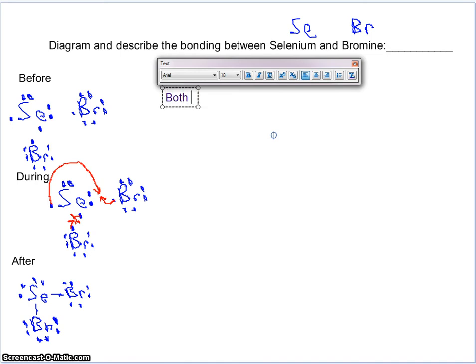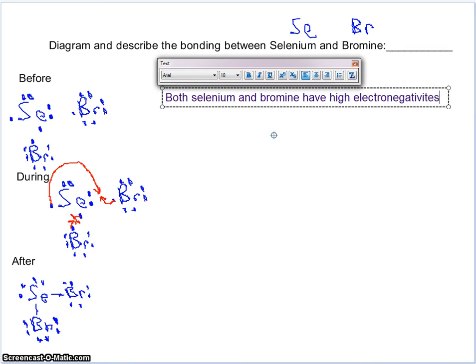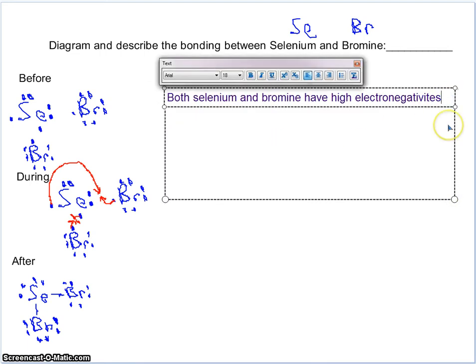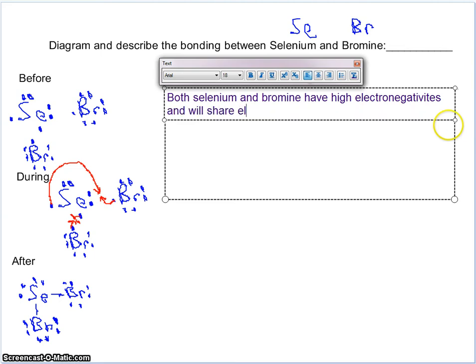Okay, so let's explain this. We can say both selenium and bromine have high electronegativities. So are they going to transfer electrons? No. High electronegativities, and they will share electrons in a covalent bond. Okay, so that's the electronegativities, that's the electrons. Let's go into a little more detail though.